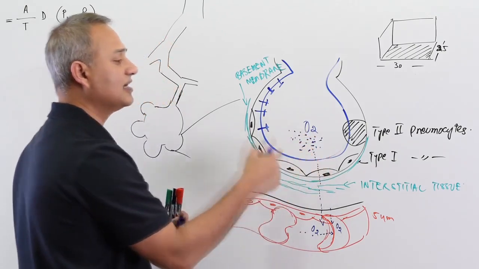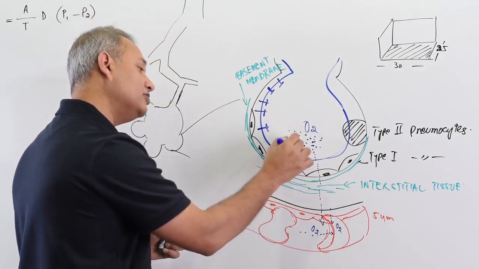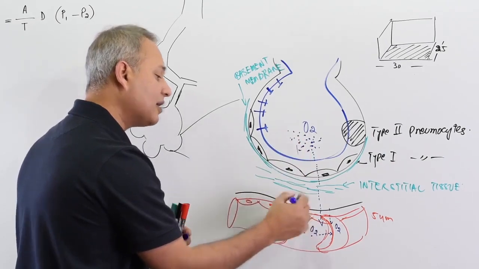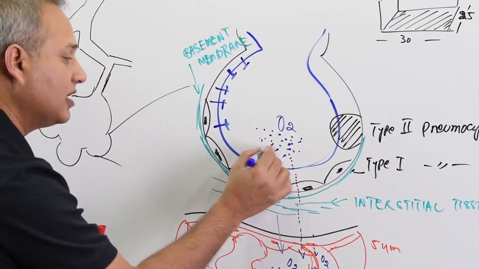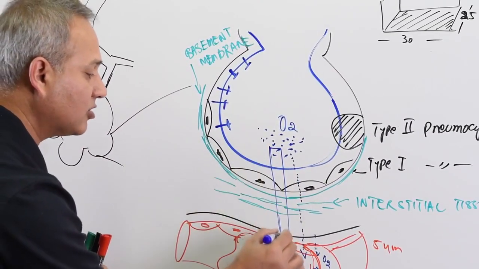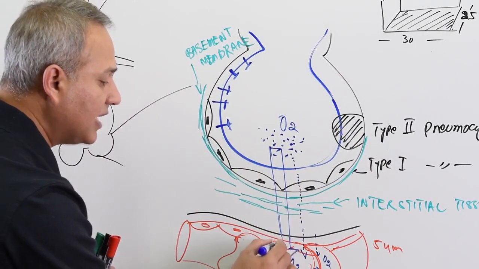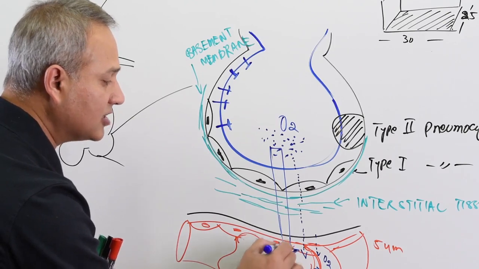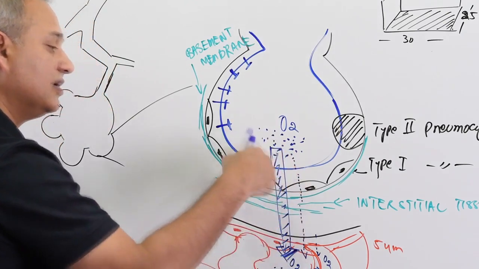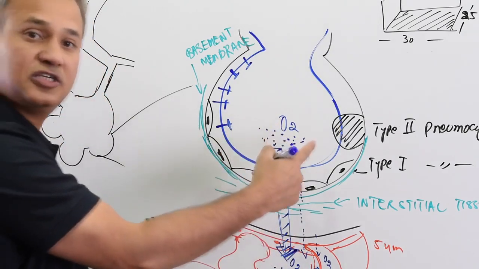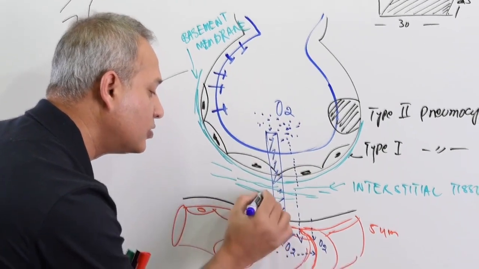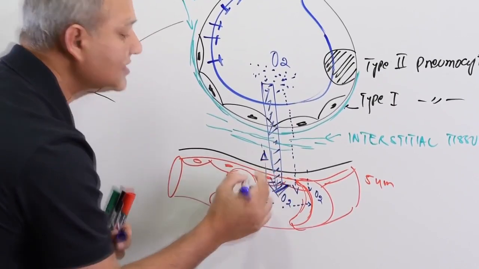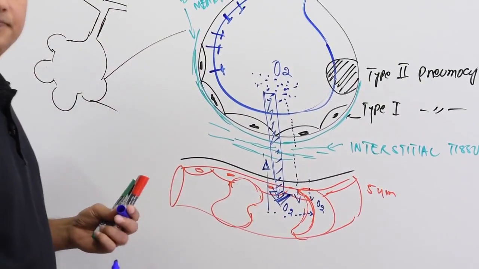Higher concentration means there are so many that the molecules moving in this direction are more than the molecules moving in that direction from here. So the number of molecules accidentally moving in this direction is much more because the concentration is more, while the oxygen molecules accidentally moving towards this direction are fewer because oxygen is less over here.